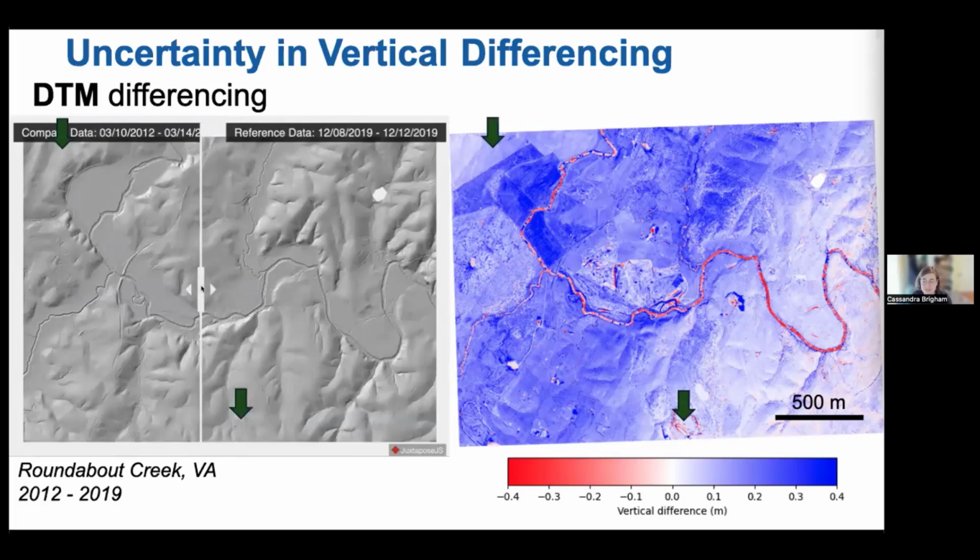This leads us to the question, is this true change or is this error? Given that we are in Virginia, is 10 centimeters of global upward motion realistic? If it is error, how does this affect the magnitude of the differencing results and our overall interpretations?